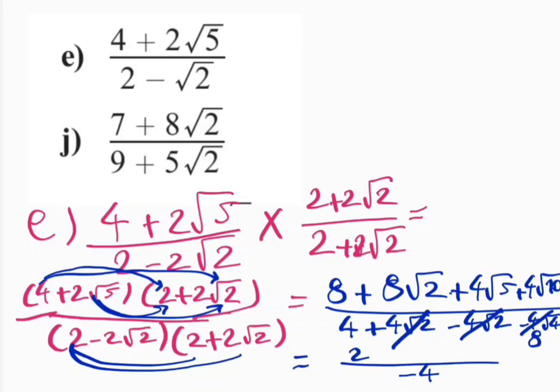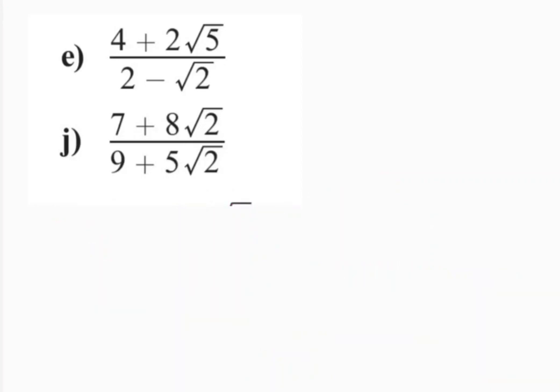So we can take a factor of 2 out. Sorry, we can take a factor of 4 out. So we can have 4 times 2 plus 2 root 2 plus root 5 plus root 10. Yeah, and that's it for this question. Now let's do J.